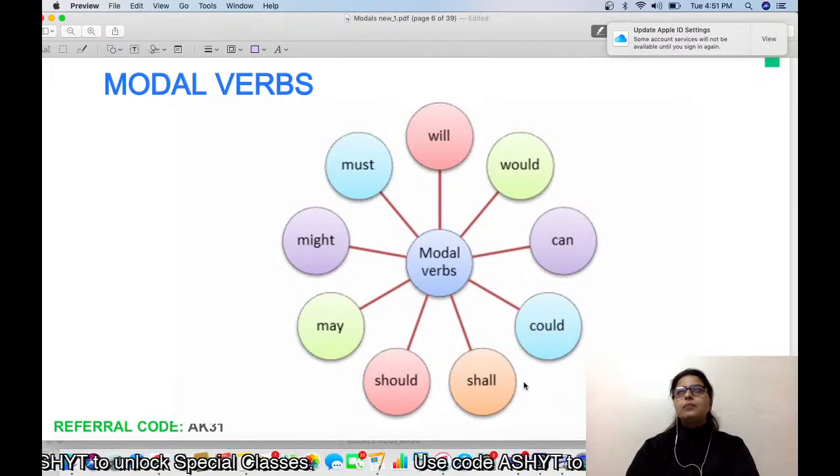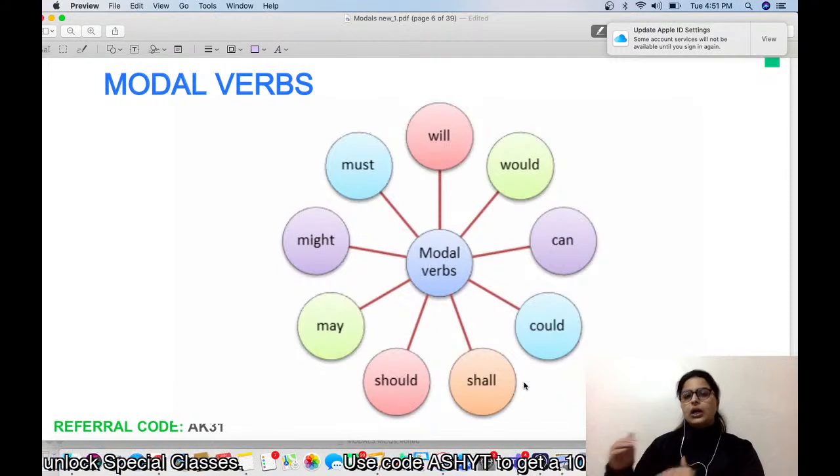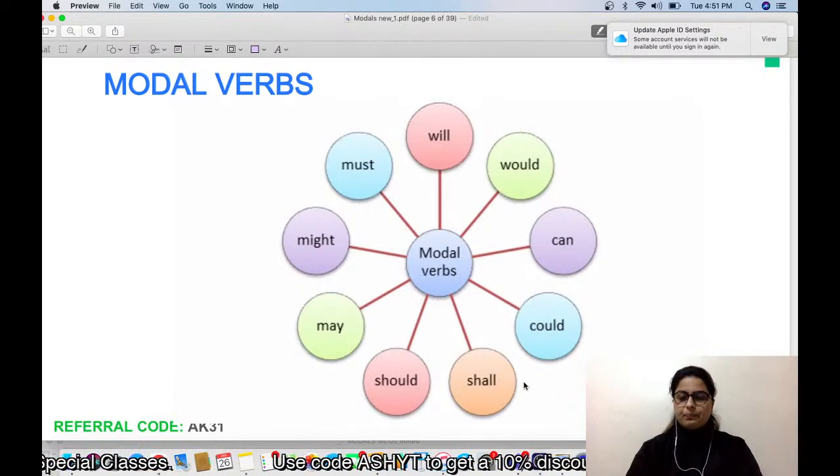Tell me a modal verb we should use for somebody younger than us or equal in age. Please write in the chat.